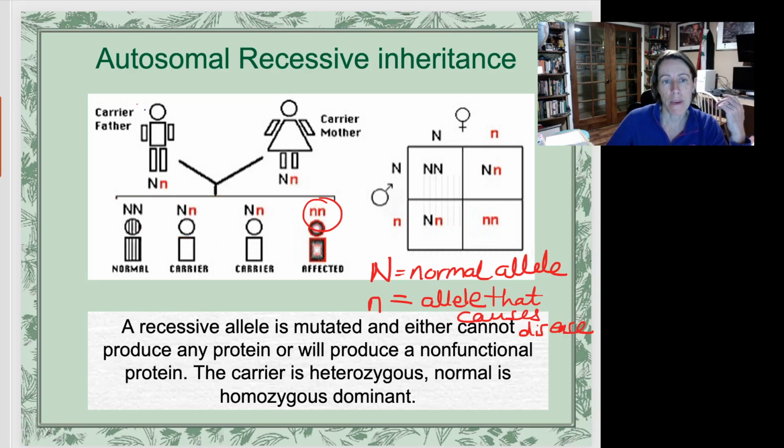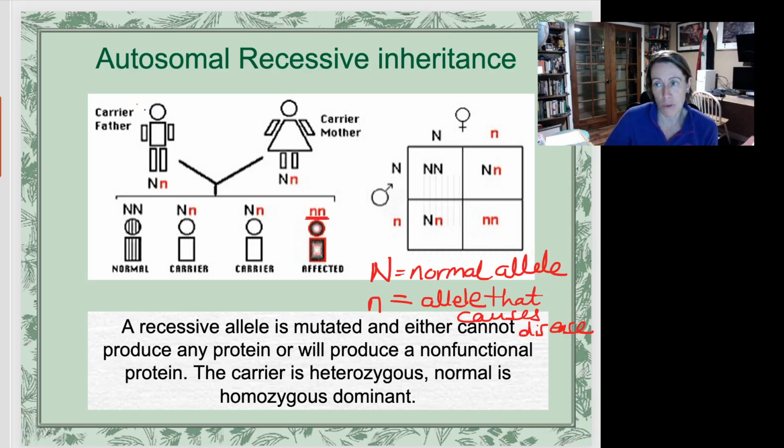Now, this pedigree is a little misleading because it sort of implies that the first child will be like this, and the second child will be like this, and the third will be like this, and the fourth will be like this. And if they have 4 kids, they're going to get 1 of each. That's not the case. Right? Any one kid can come out any one of these ways. So if they have 4 kids, they could have all 4 kids and they could all be fine. And this situation could never happen.